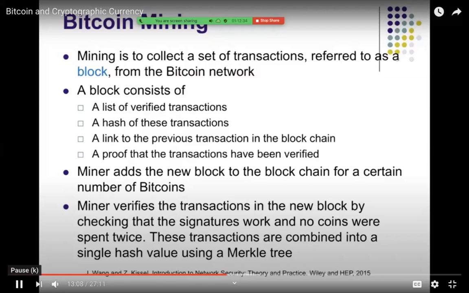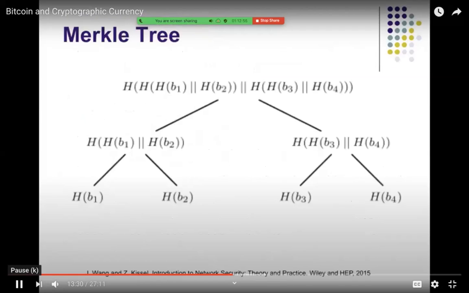So you make sure those Bitcoins have not been spent twice. These transactions are combined into a single hash value using a Merkle tree. So these transactions in one block will then be combined into one single value.